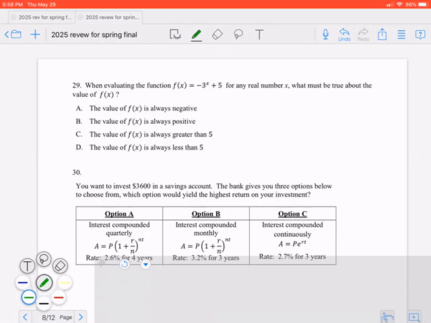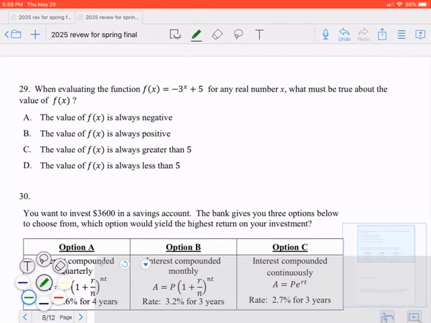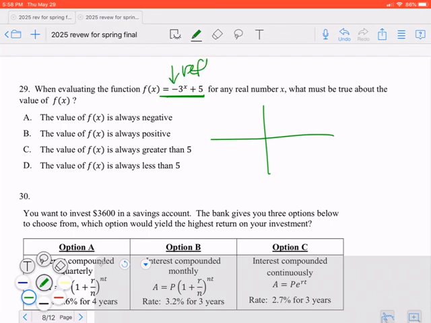When evaluating the function for any real number, what must be true about the value of f of x? For any real number x, what must be true? Okay, so I'm going to think about the graph of this. So it's exponential, but the negative means it's reflected down across the x-axis, and then the +5 means we're up 5.